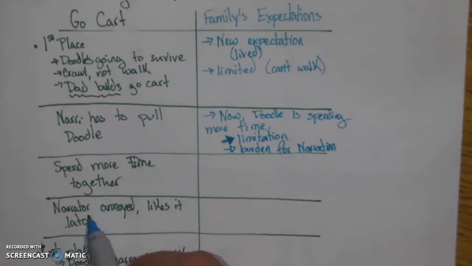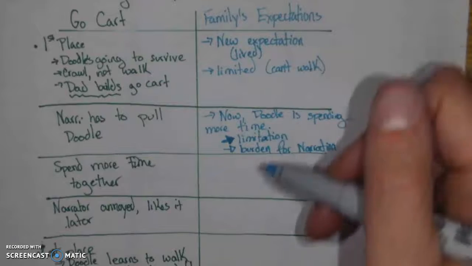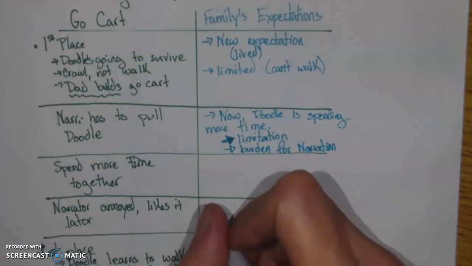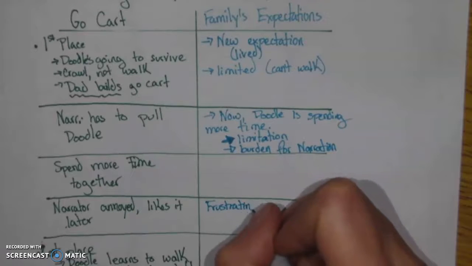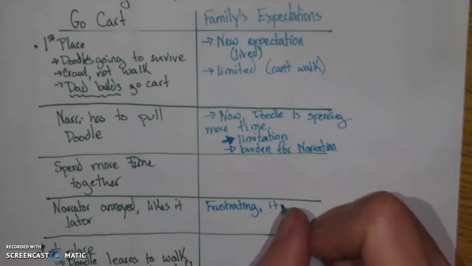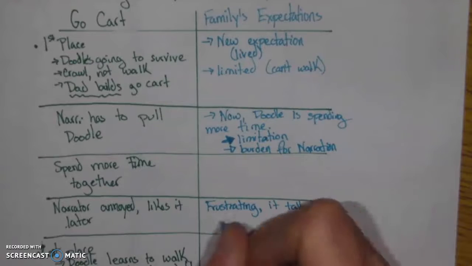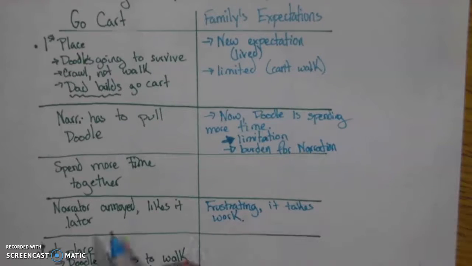And I'm going to actually jump to this one because this is kind of in that same vein. Because we now know that Doodle's going to survive, these expectations can be frustrating at times. Because it's going to take work. It takes work to change your expectations of somebody.